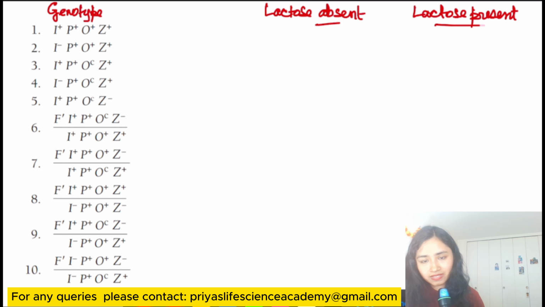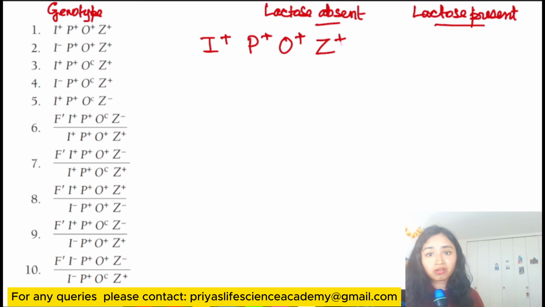Here you can see I plus, which will produce the wild type inhibitor. I'm writing here I plus. Please take a pen and paper and do accordingly with me.